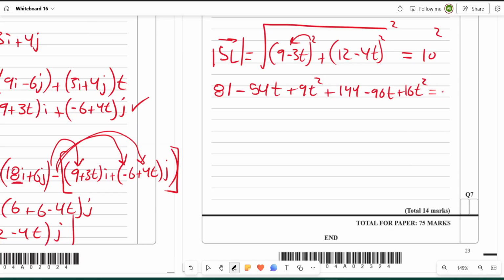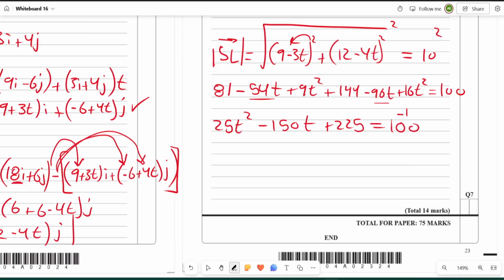All of this is going to equal 10 squared, or 100. So 9 plus 16 is 25t squared. Negative 54 minus 96t is basically minus 150t. And then 81 plus 144 is plus 225, equals 100.